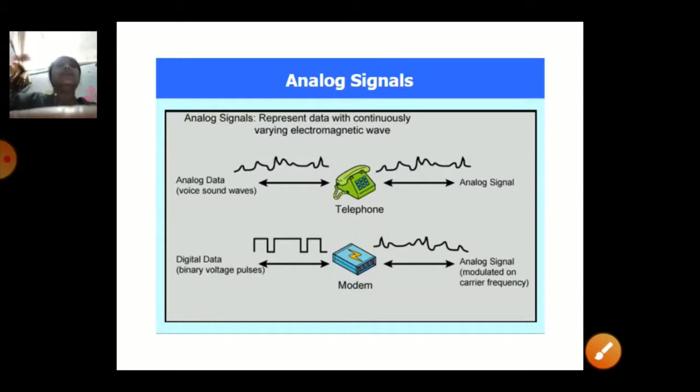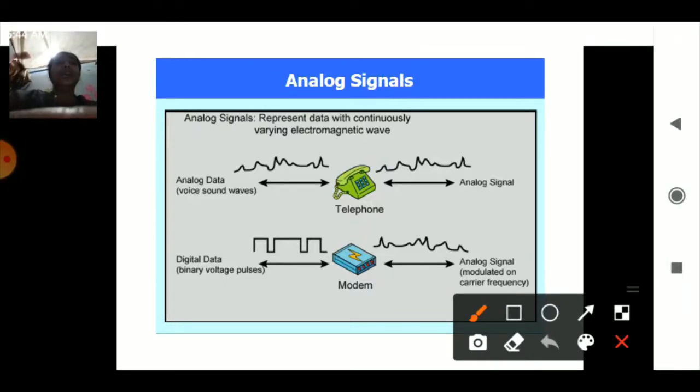Analog signals, this is an example of how analog signals are generated. Analog and digital: analog signals are continuous. The data is transmitted continuously from one end to another, and whichever device is in between will convert it back.